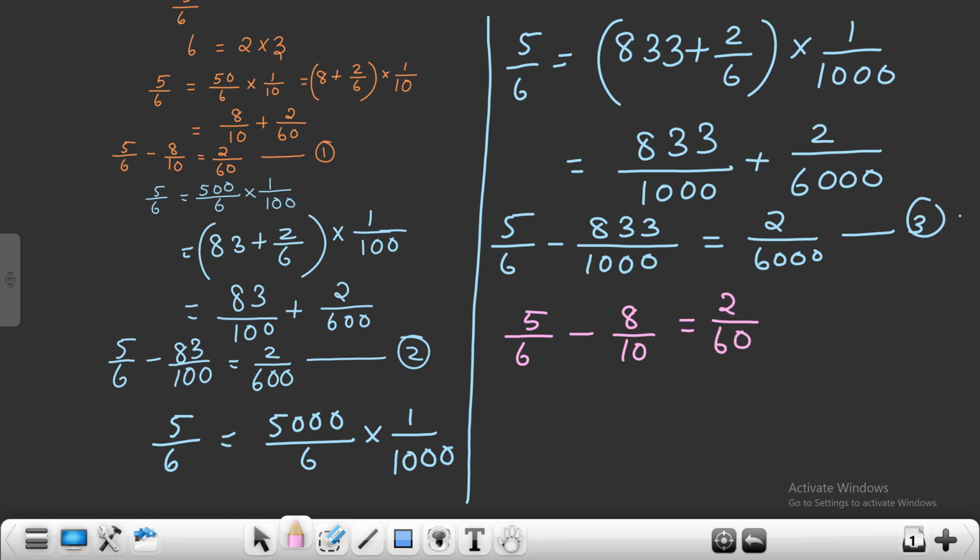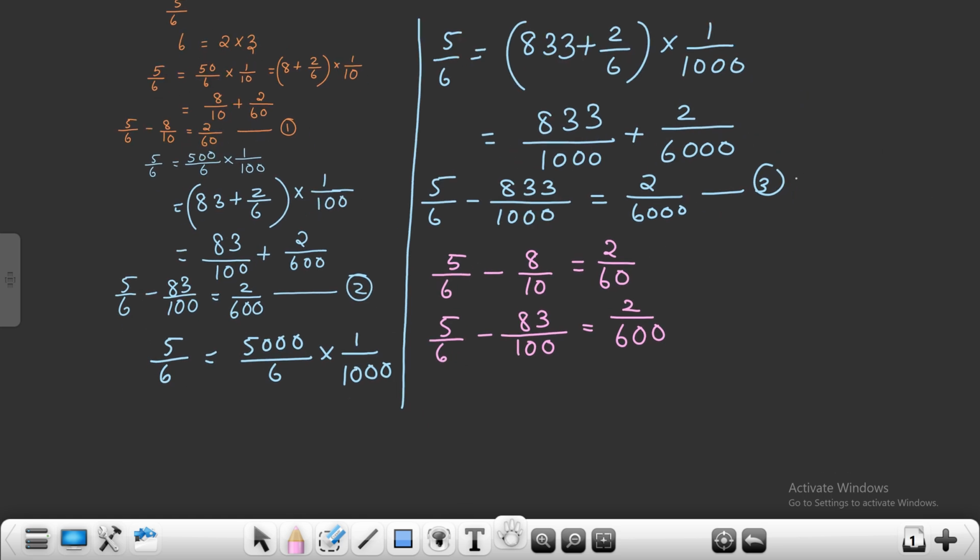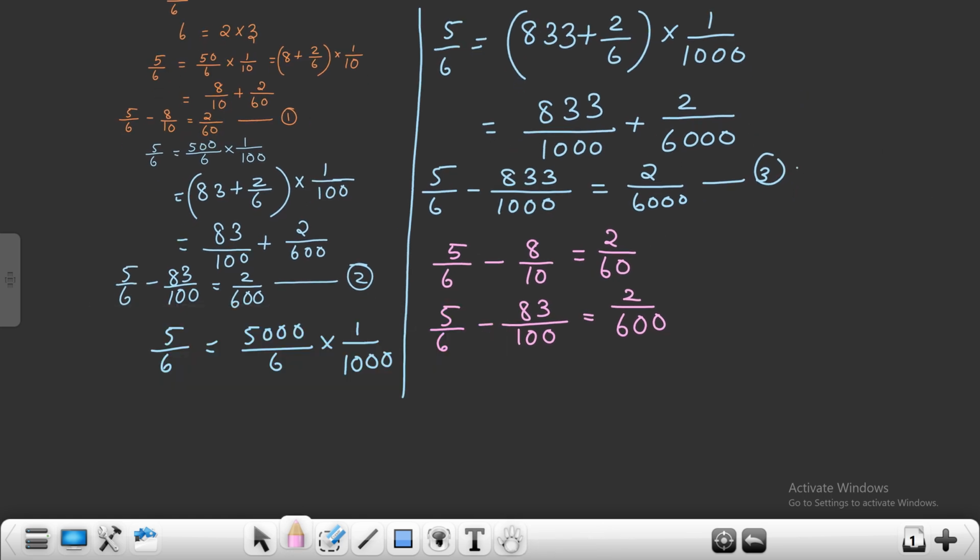From the second step, 5 by 6 minus 83 by 100 is equal to 2 by 600. Now from the third step, 5 by 6 minus 833 by 1000 is equal to 2 by 6000.